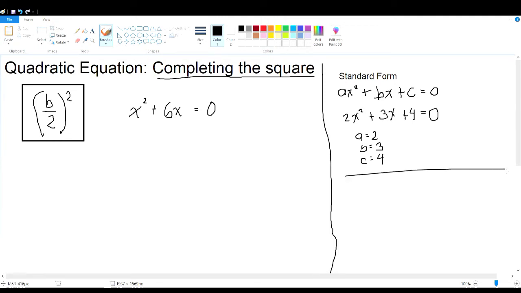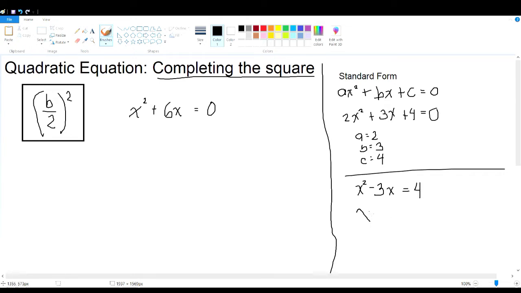Pwede din siyang magulo. For example, meron kang x squared minus 3x is equal to 4. And there are cases na ganyan, hindi siya naka-standard form. Ang gagawin mo lang, you will make this equation in standard form. Now, how? You'll just transpose.